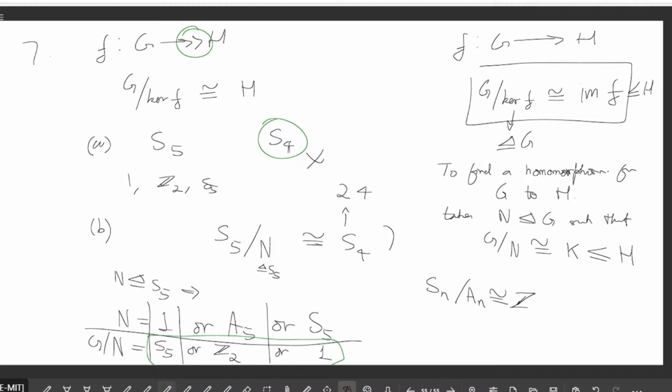Okay, then fine. B is: G is S4, H is S2. So now is it possible?